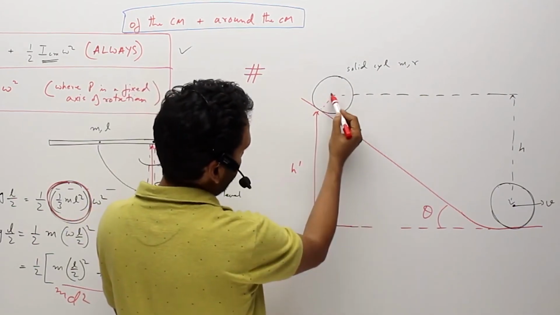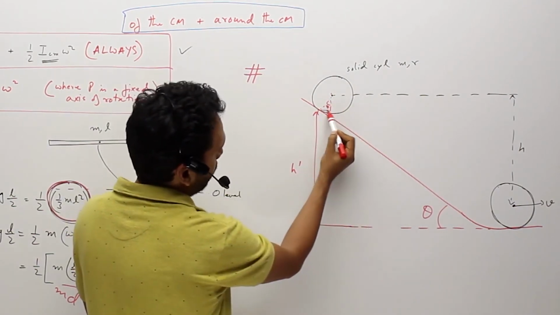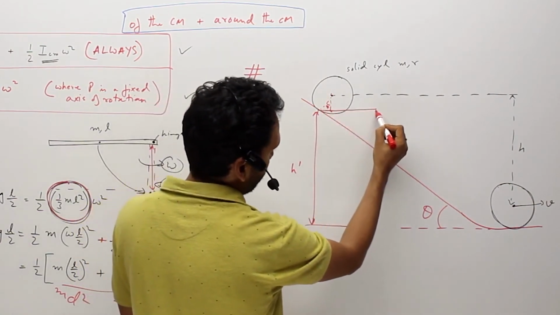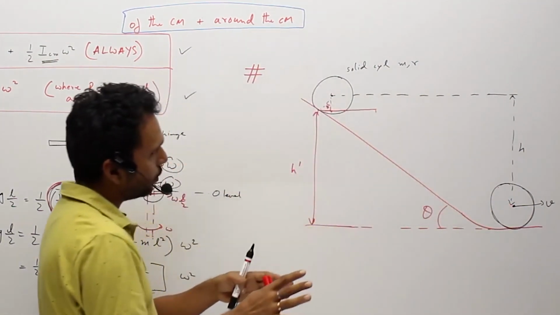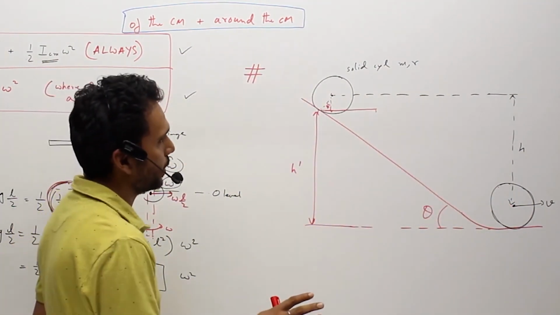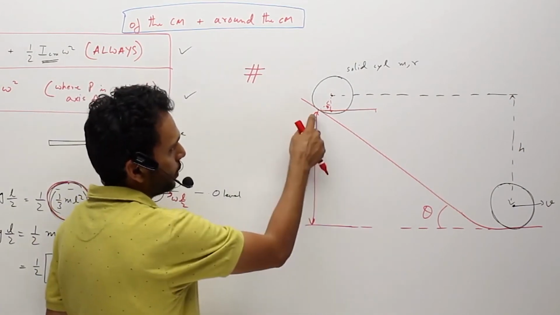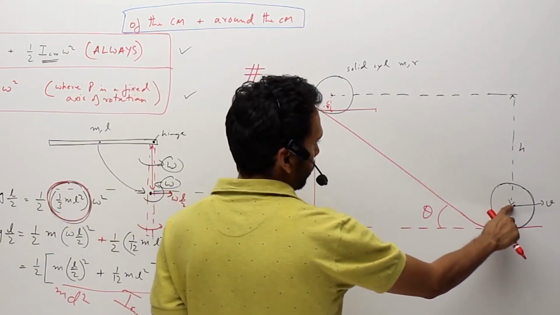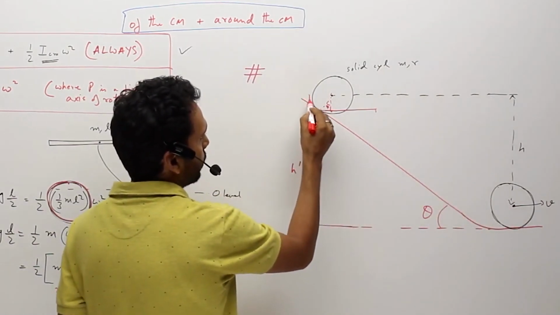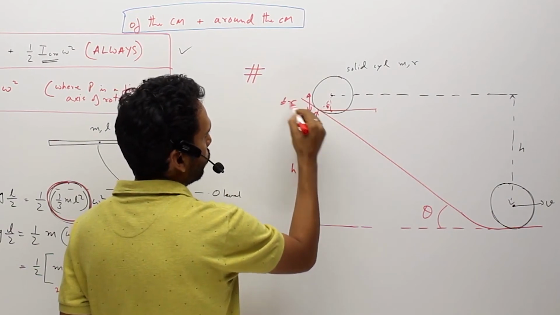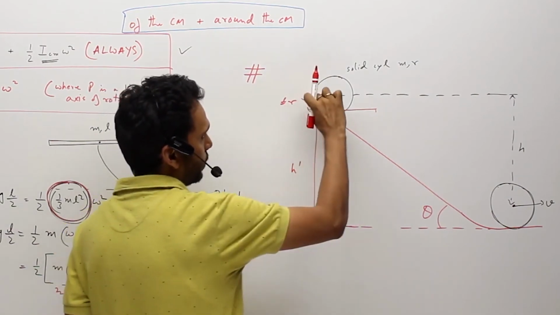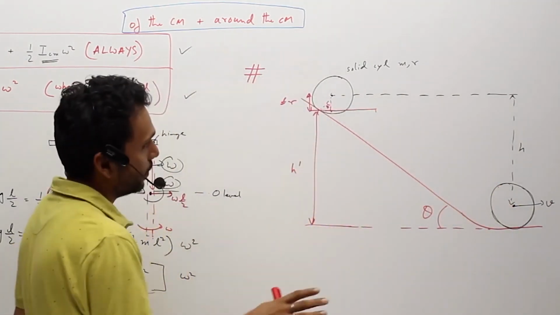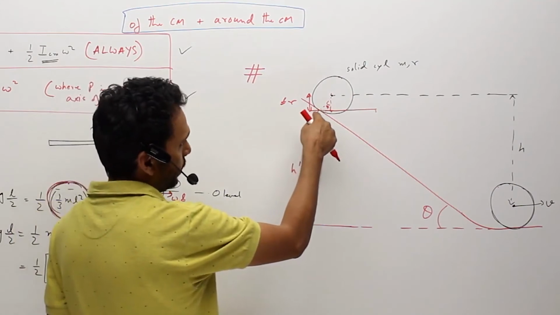So that theta gives you the angle with the vertical, and how much is this point from here to there, and from here how much down is that point. That little bit of geometry you'll have to do, and you can't simply say that if this height was h, that's my h, because here it is r above the ground and here it is not r. This much is not equal to r above this point, so that is less than r. R cos theta is this much and this is r. So the loss in height is not how much is this height given.